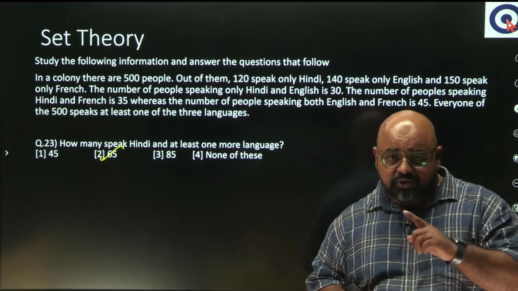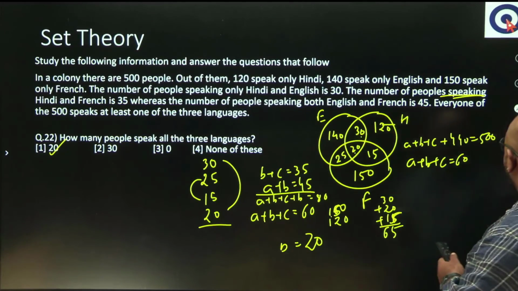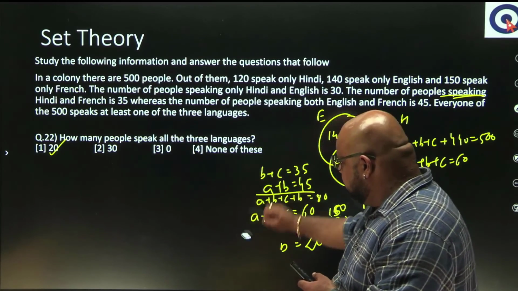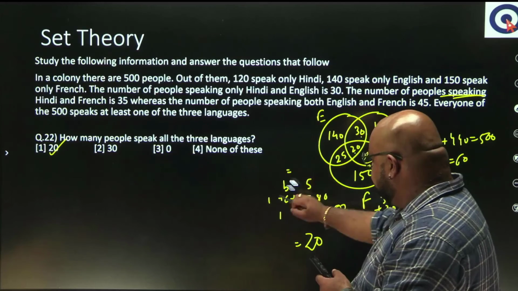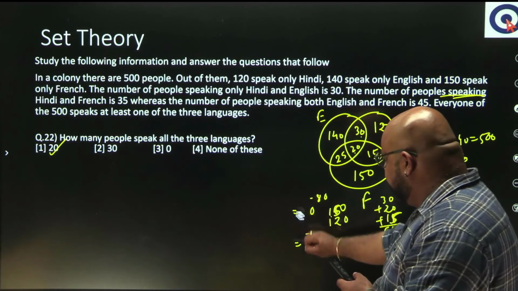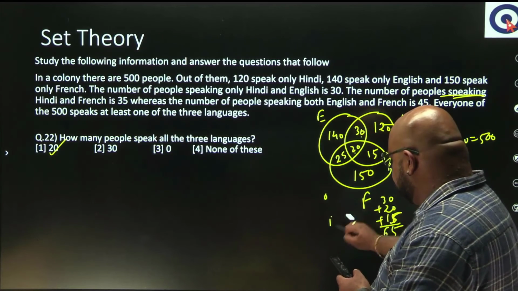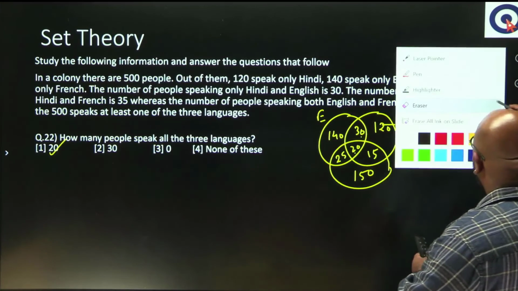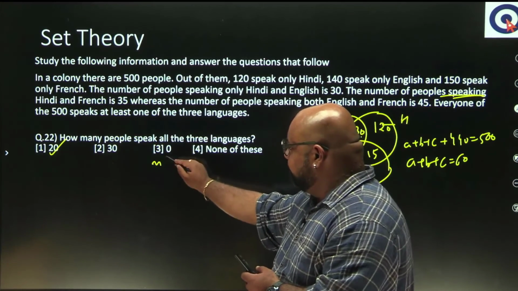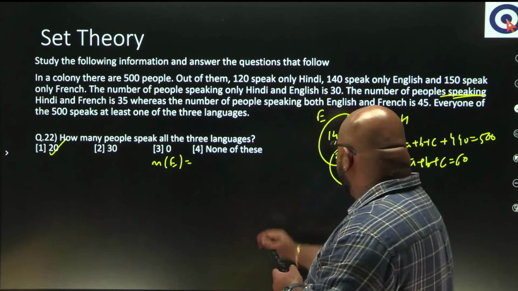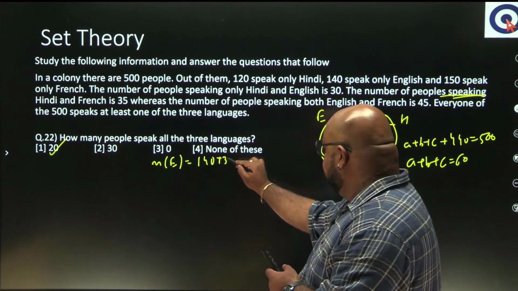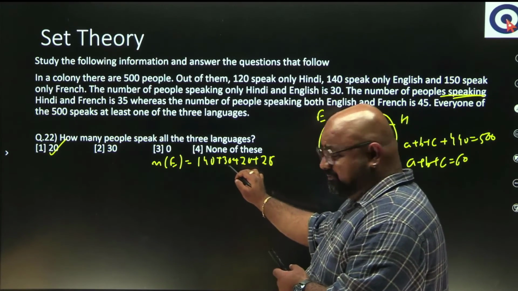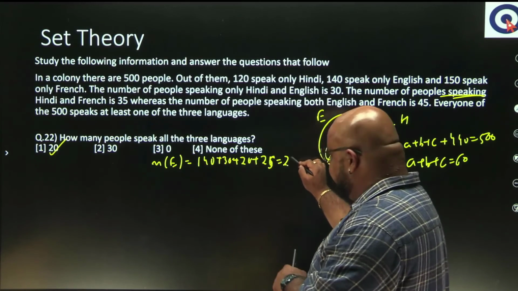So just to put values to that formula that I just wrote, the number of people speaking English, N of E, would be 140 plus 30 plus 20 plus 25, 170, 190, 215.